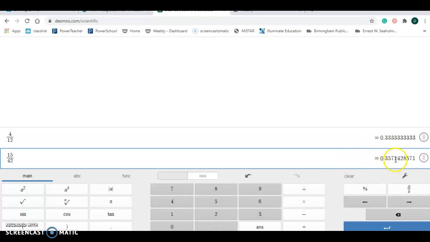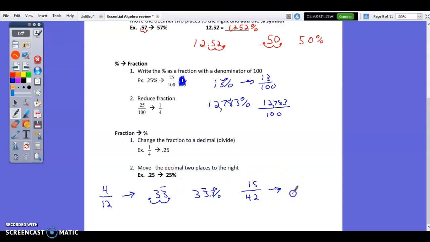I'm just going to call it 0.36. I haven't talked rounding yet, but we will. 0.36. And then we move it 2 spaces over, 1, 2. And that would be 36%. All right, so you're just using the previous information you learned to get to that final step.